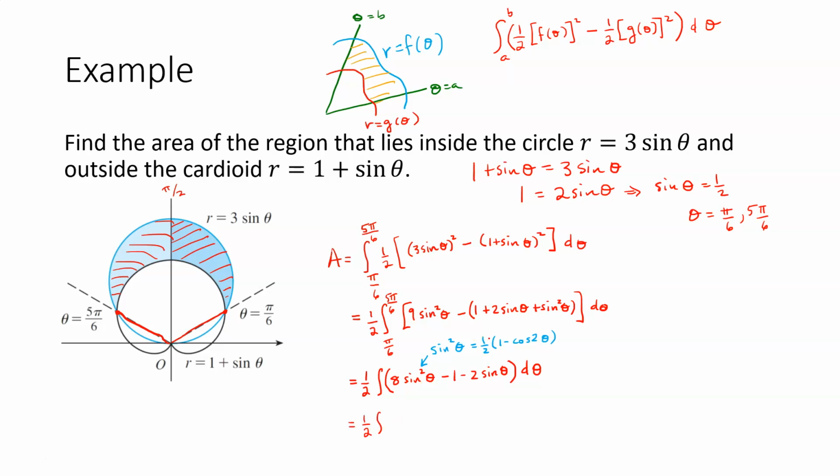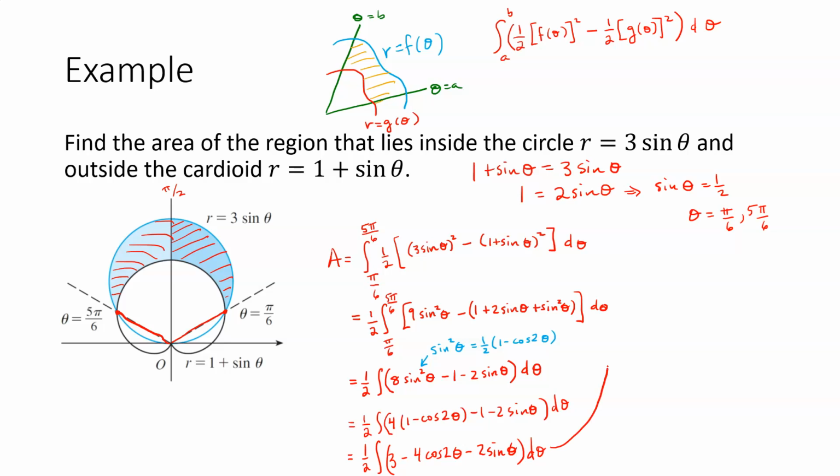So this becomes 4, right? Because 8 times 1 half is 4, and then 1 minus cosine 2 theta. And then I'll combine some constant terms here. We got 4 minus 1 is 3. We got 3 minus 4 cosine 2 theta minus 2 sine theta. So now we're ready to integrate.